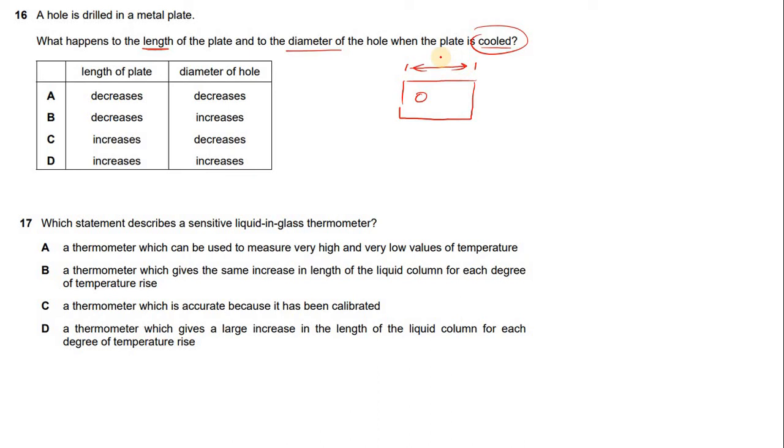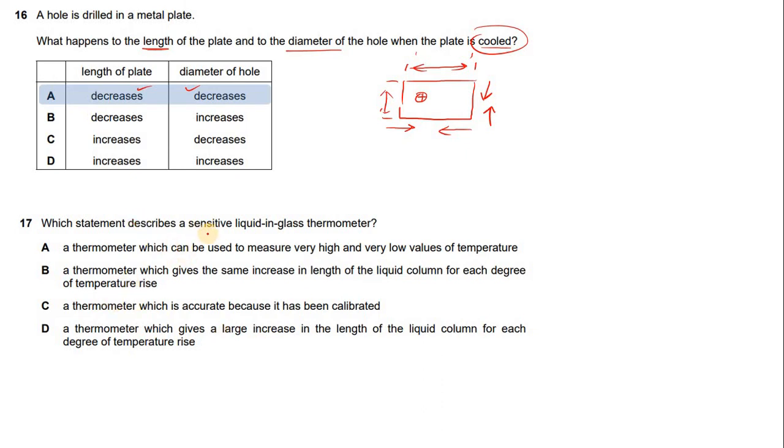It will be smaller from this side. So the length is going to decrease and also the width is going to decrease. That means the size of the hole, from left to right or up and down, is also going to decrease. So the length is going to decrease, and the diameter is also going to decrease because it is going to contract from this direction and also from this direction. That's why both are going to decrease. So the option is A.